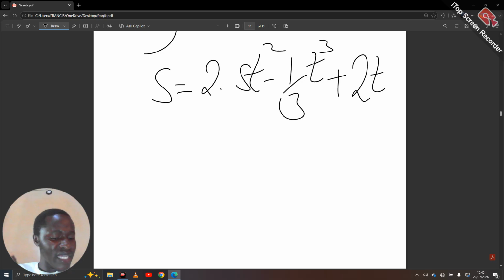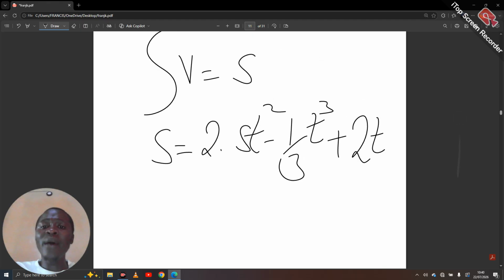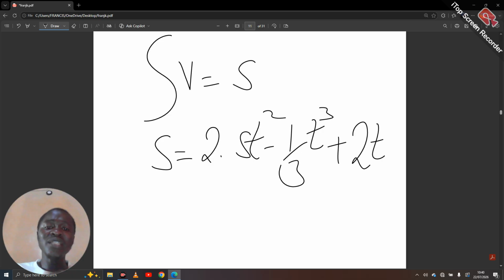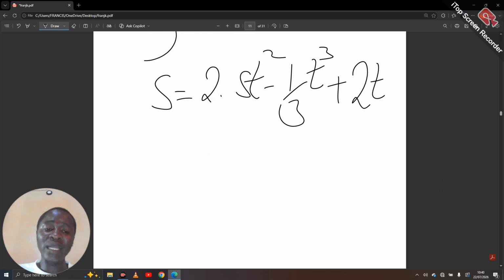But remember, whatever the examiner requires is the distance, the actual distance in figures, in value. So we substitute. Remember, the time for it to attain maximum velocity is 2.5 seconds. The same time is required for the distance covered.